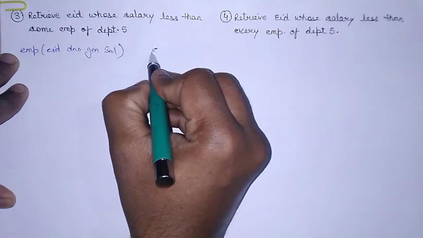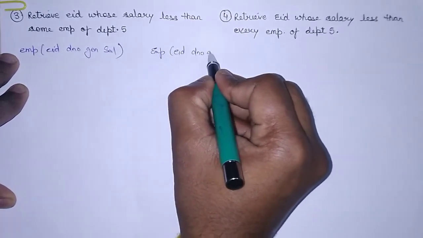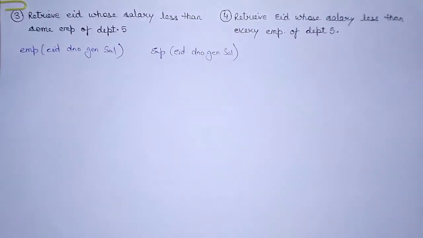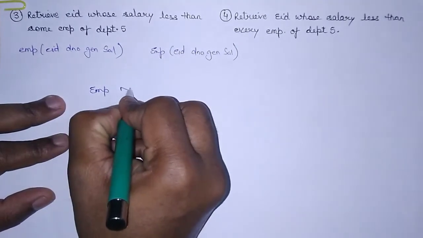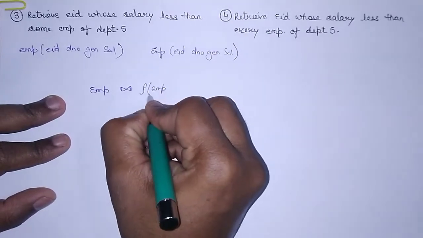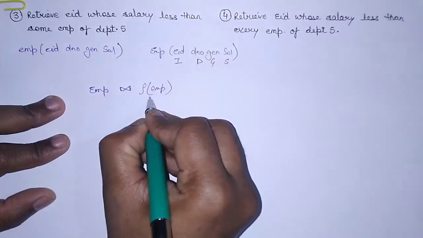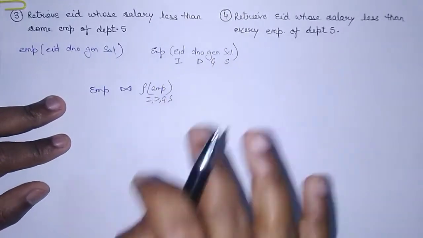I have to relate it with itself. So again I am taking the same as here, gender and salary, right? Now I again have to relate it. So I am just using the same operator and renaming the attributes this time. So this will be I, this will be D, this will be G, this will be S. So I am writing it here, I, D, G, S with a comma. So this has been renamed.